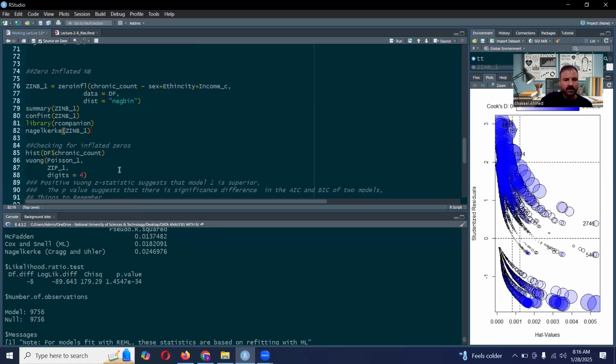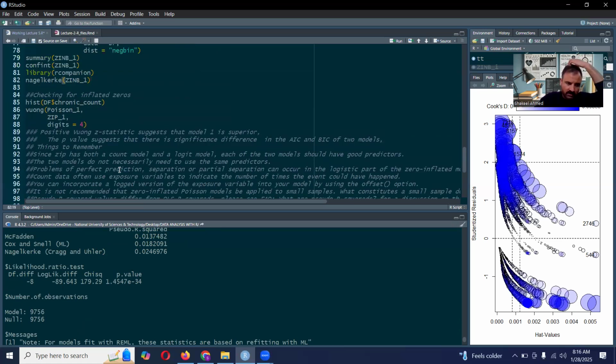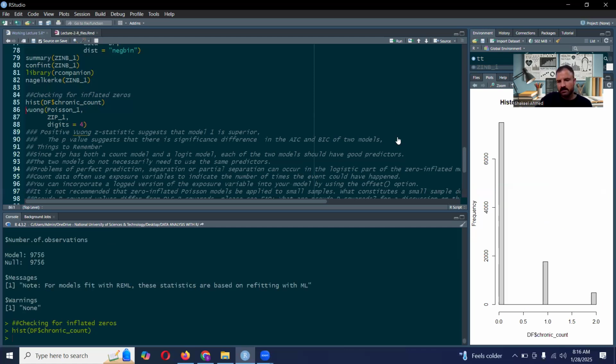And the last thing we need to do is to check whether there is zero inflation or not. Although there are tests available, you can just see with the histogram first. That will give an idea that we can see that there are a high number of zeros in this data.